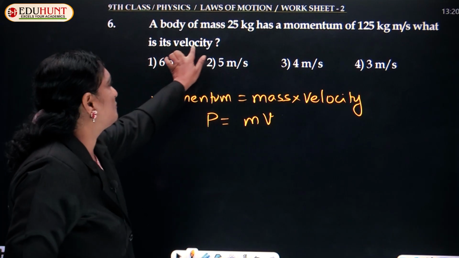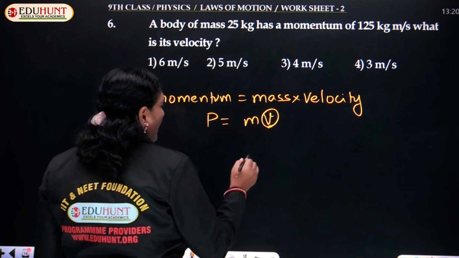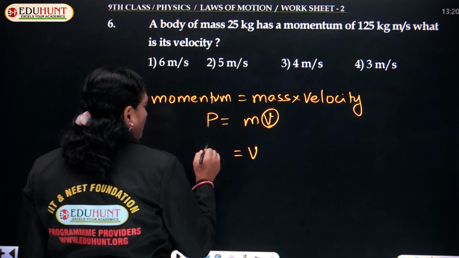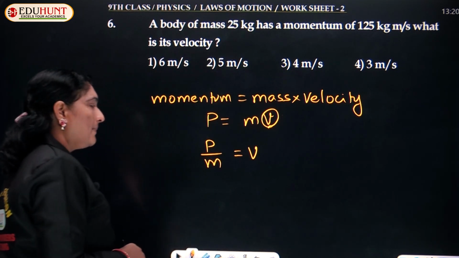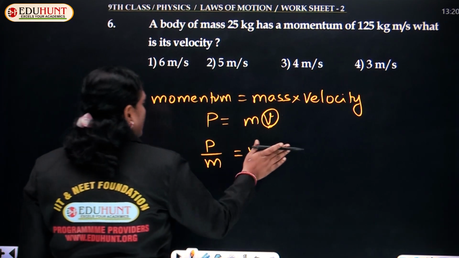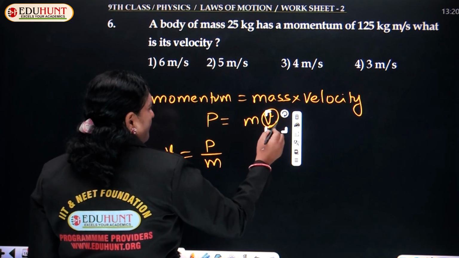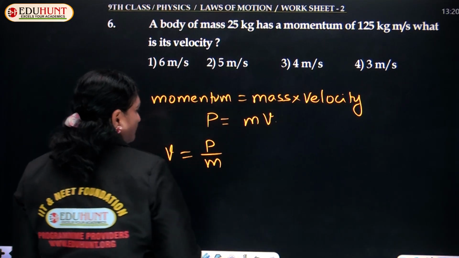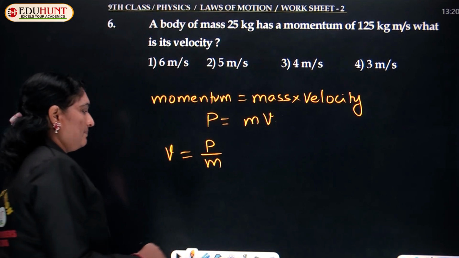Now you are asked to find its velocity. So in order to find the velocity, v is equal to momentum, bringing the mass here, upon m. So the value of v is equal to P upon m.